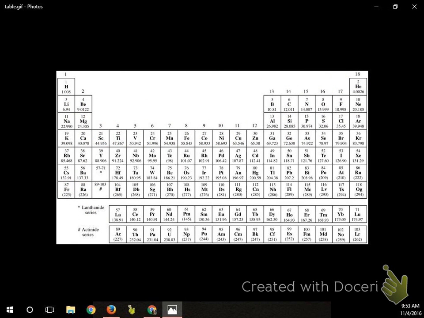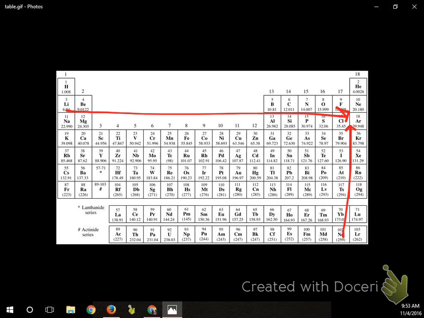All right, the trend for ionization energy. Ionization energy increases from left to right and bottom to top. So that means as we move to the top right on the periodic table, those electrons are really, really difficult to remove.